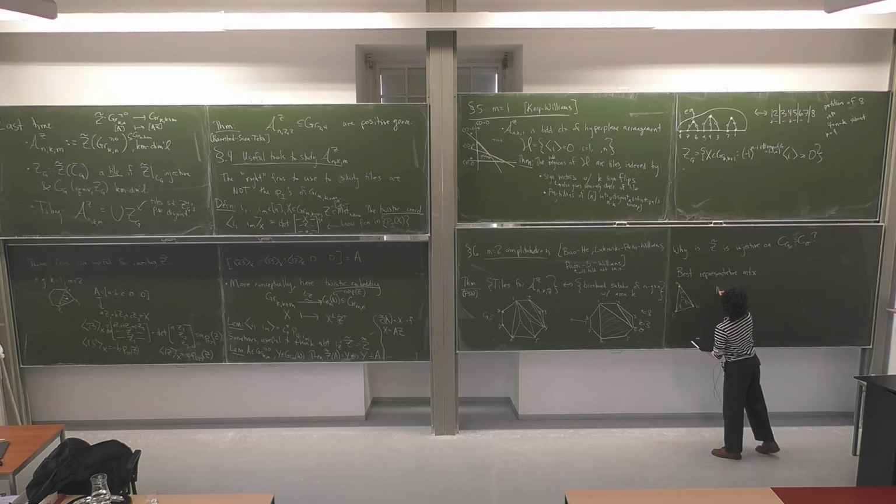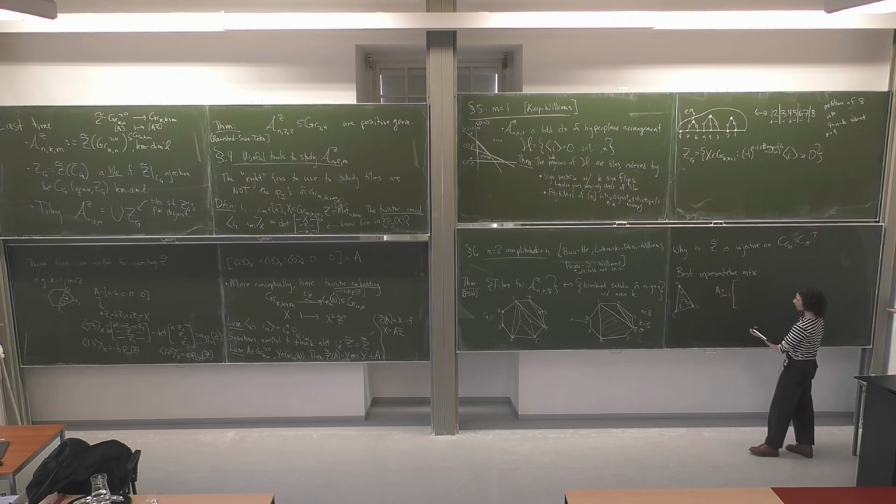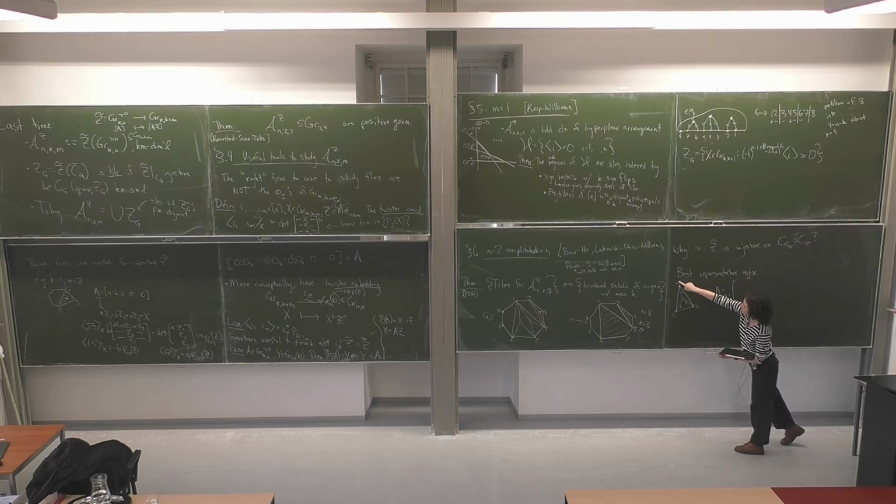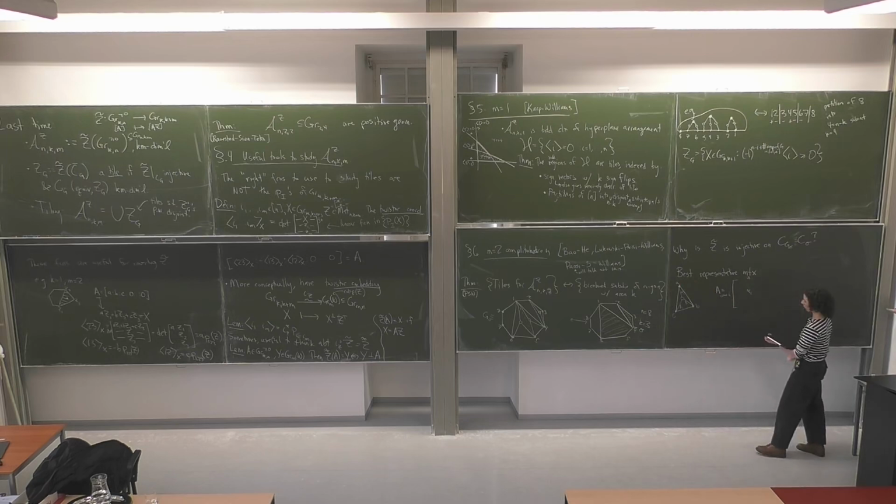In my representative matrix, if I look at row I, what I see in column A, for this vertex, is the edge weight alpha I. In column B, I see the edge weight beta I, oh sorry, plus or minus beta I. And in column C, I see edge weight gamma I. And all of the other entries of row I are 0.